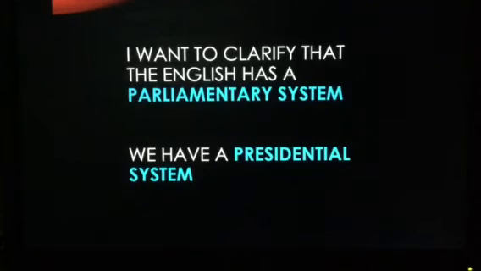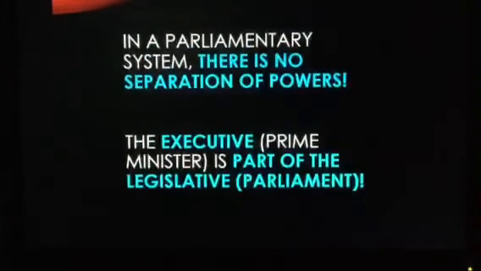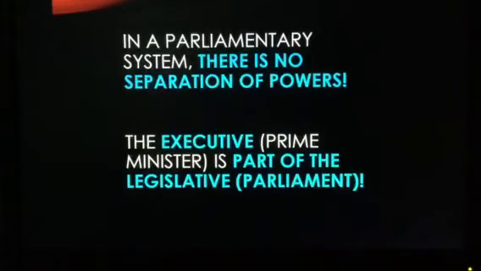I want to clarify that England has a parliamentary system today. We do not consider our system a parliamentary system. Ours is a presidential system. Well, what's the difference? In a parliamentary system, there is no separation of powers, meaning the executive, called the prime minister, is actually part of the legislative. He's a member of parliament, as is his cabinet.